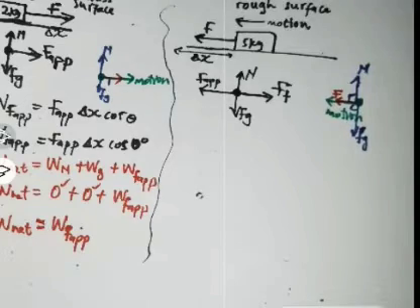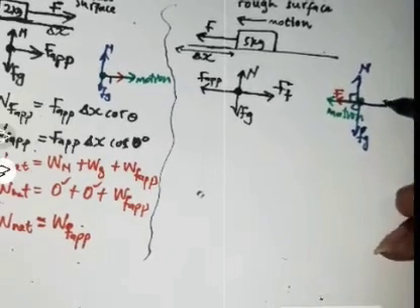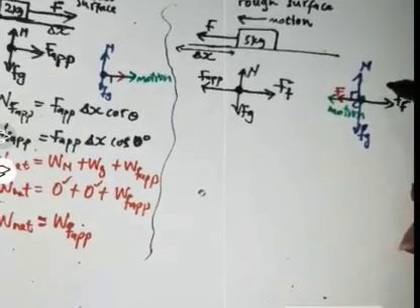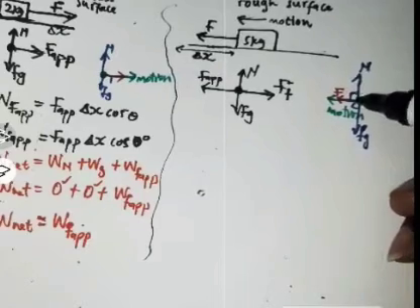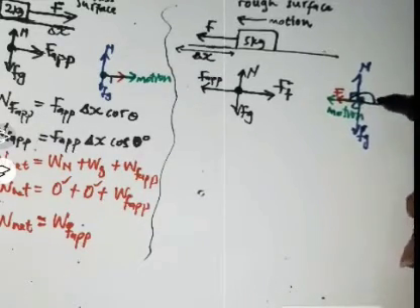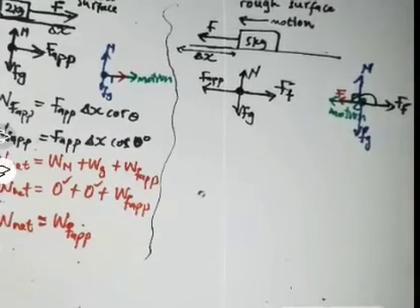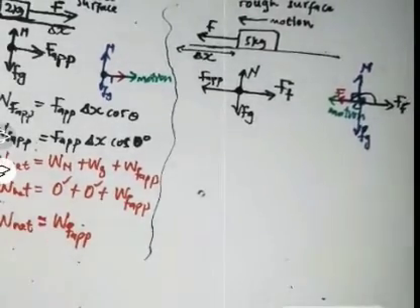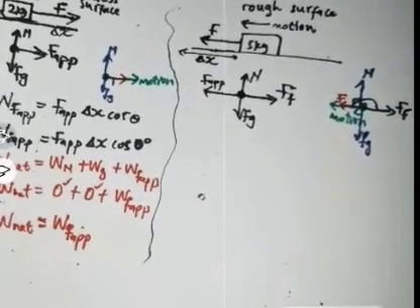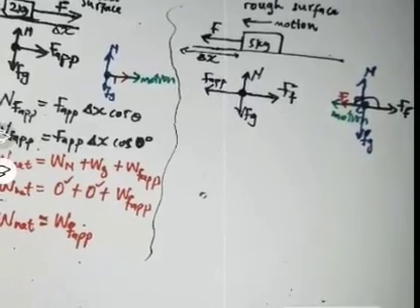This is the frictional force, and the angle between the motion, the green one, and the frictional force, the black one, is 180 degrees. So that is how to get my theta in a nutshell. Let's write the formulas for calculating the work.